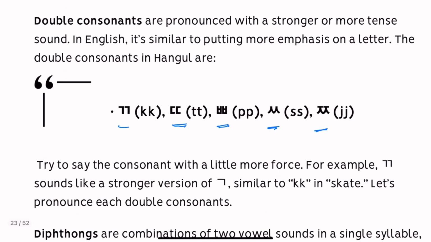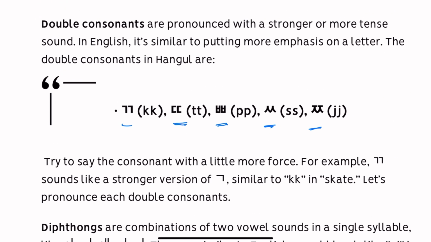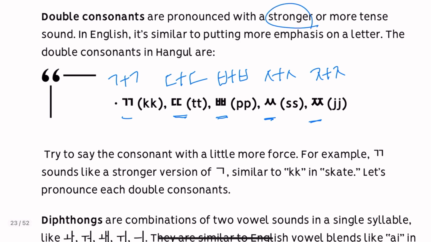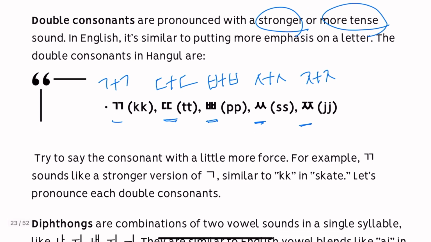When you look at the double consonants, their shape is combining these basic consonants together, like this, and the last one, this. It means that the double consonants have stronger and more tense sounds.